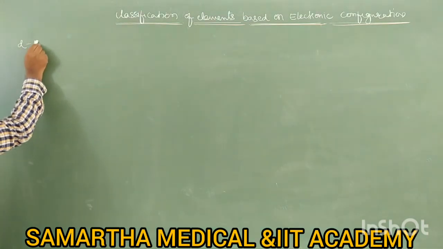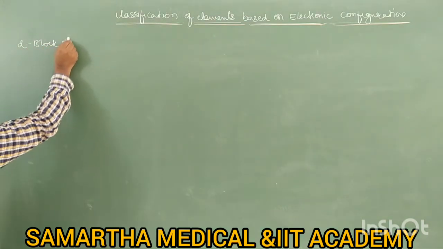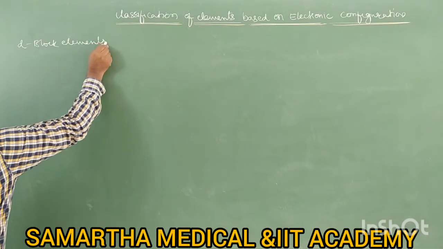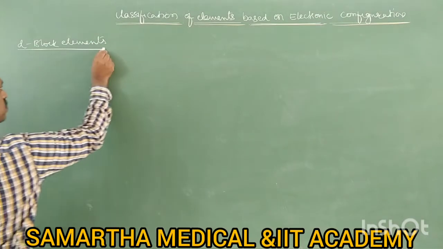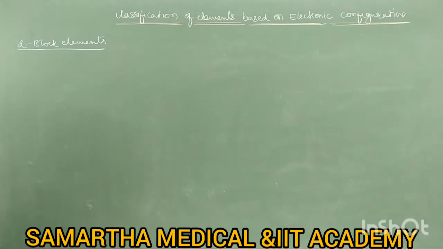D block elements. Similar to S block and P block, the definition of D block is also the same. The elements in which the differentiating electron enters into the penultimate d subshell. It is not a simple d subshell, it is the penultimate d subshell.